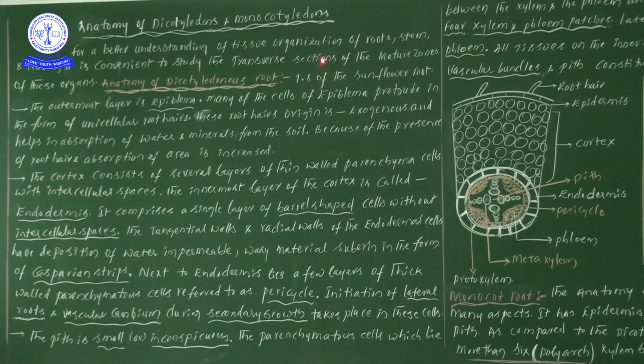A transverse section we call a TS section. We should not take the unmatured zones; we have to take the matured zones.